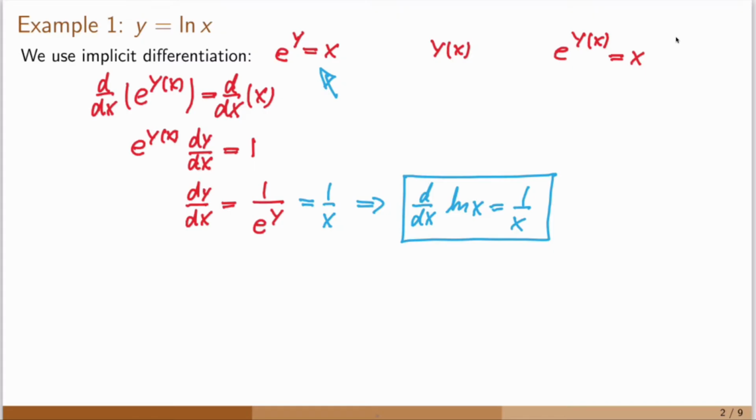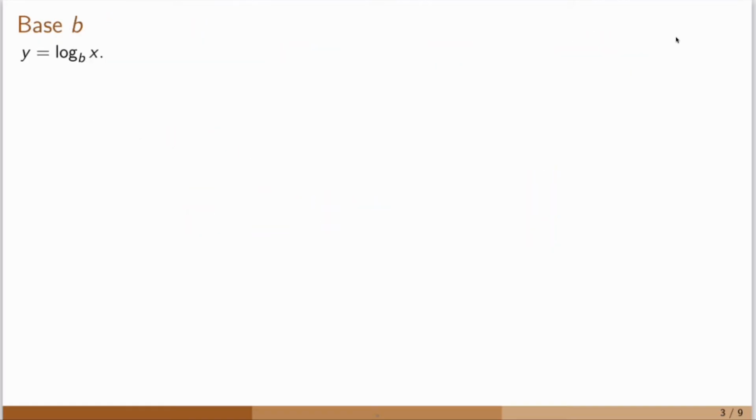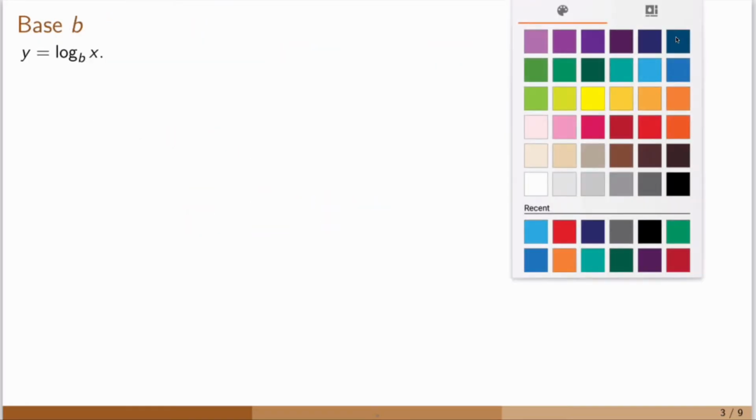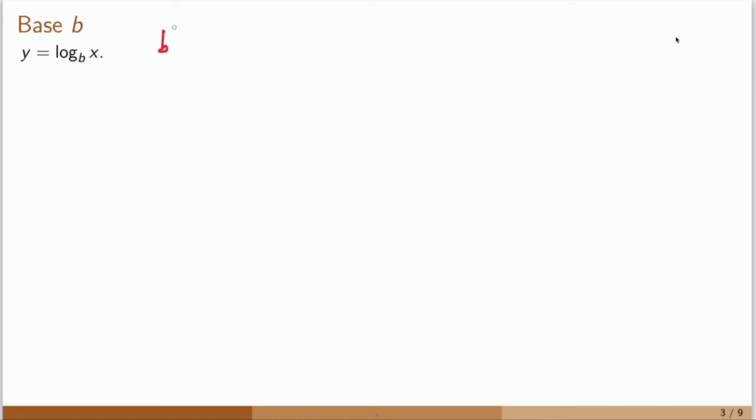Let's look at the logarithm to a different base. So here we have log to base b, and again I use implicit differentiation. I write, first of all, b to the y equals x, and then I differentiate: d by dx of b to the y equals d by dx of x, which is 1.